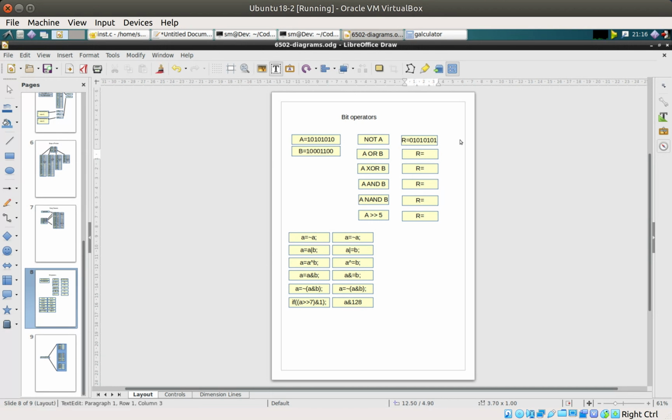The logical OR, in this case, is A ORed with B, so the binary contents of A logically ORed with the binary contents of B. And binary OR says if one or the other or both are set, then the result is set. So if we go through this: one or one, one or the other or both, so the result is yes.